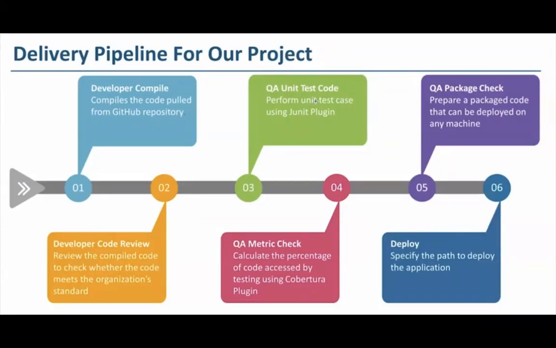And unit test is going to provide the strength of your entire code, and metric check is going to provide the strength of each piece of the code. And package is going to convert it into a single package, let's consider a war, jar, or ear file. So after the build, again we deploy this application into QA on top of your application or web server. So the first job, let's try to build compile.